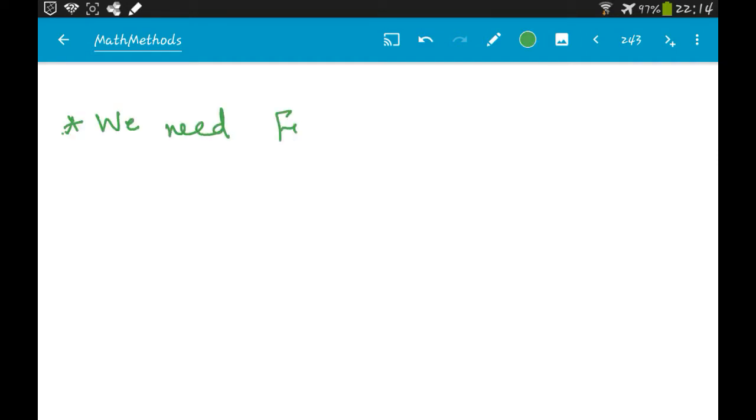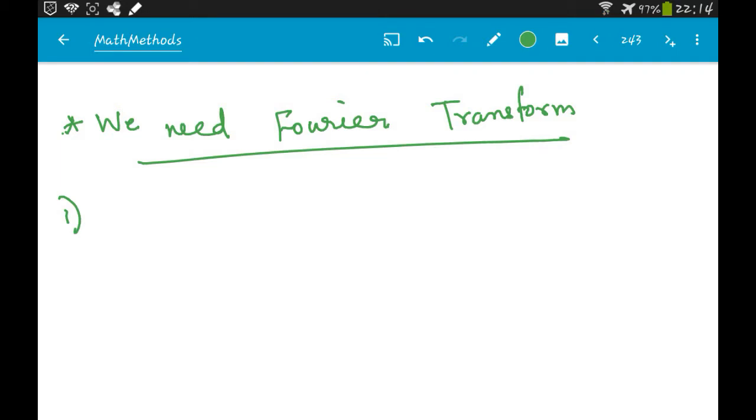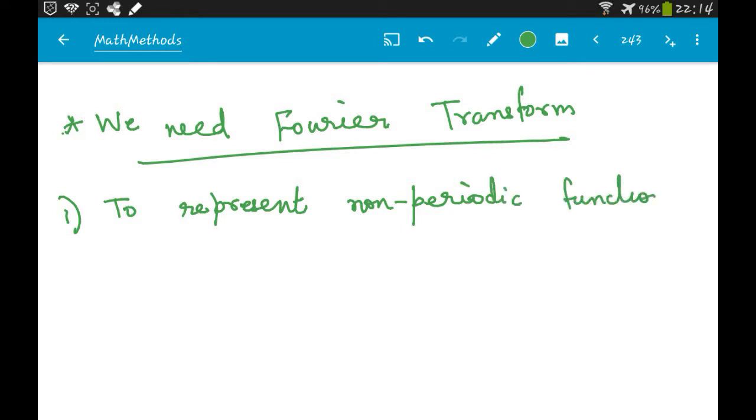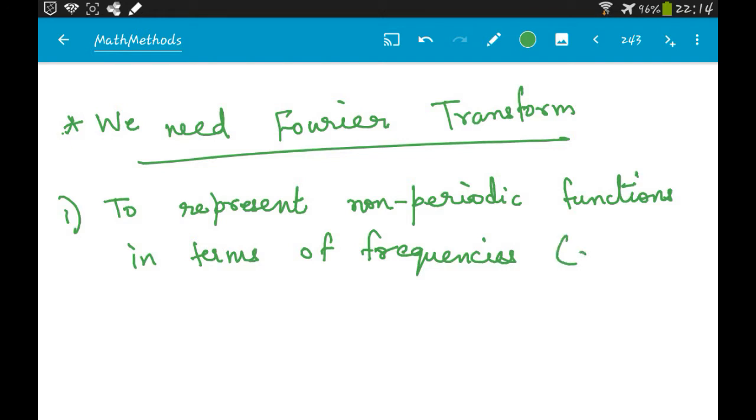We need Fourier transforms for two reasons. First one is to represent non-periodic functions in terms of their respective frequencies, or you can say modes, harmonic modes.